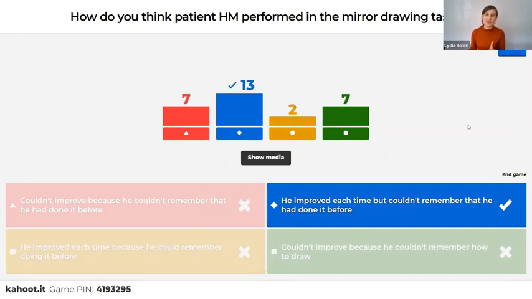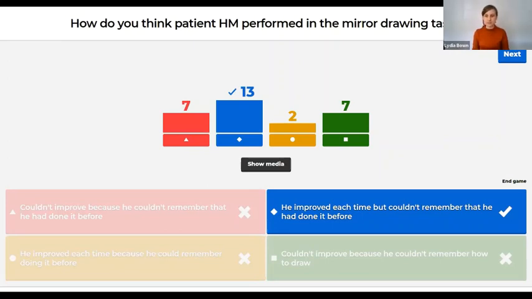This became quite famous as an activity, drawing around that star in the mirror, because it's really hard, and it was really interesting to see that he actually improved over time, because you might think, if he couldn't remember having done it before, surely he wouldn't improve.